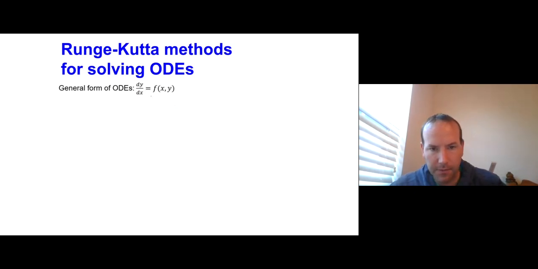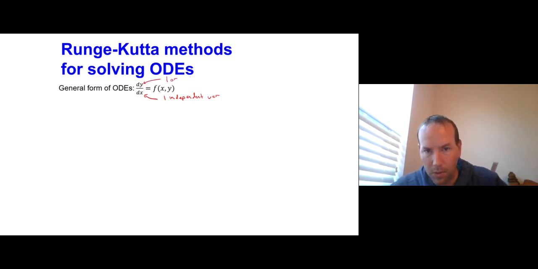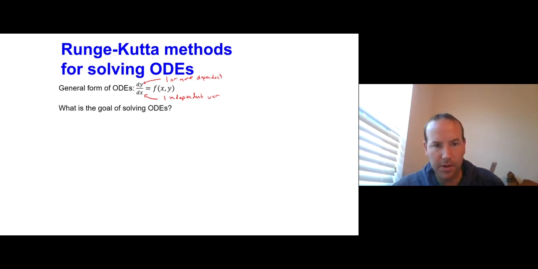And as we said before, there's going to be one independent variable and one or more dependent variables. And so then what is the goal of solving the ODEs? Well, it's for solving for the dependent variables.